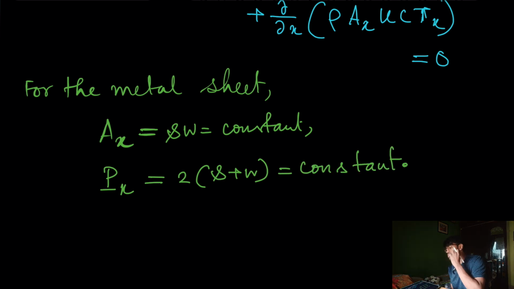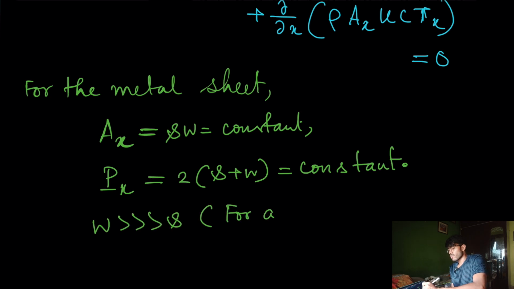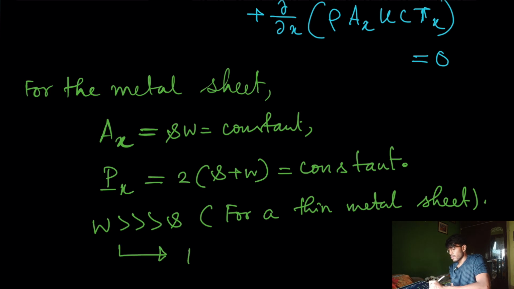Now again, if I am talking about a thin metal sheet, then my w is much greater than s. For a thin metal sheet, then my Px becomes 2 into w.